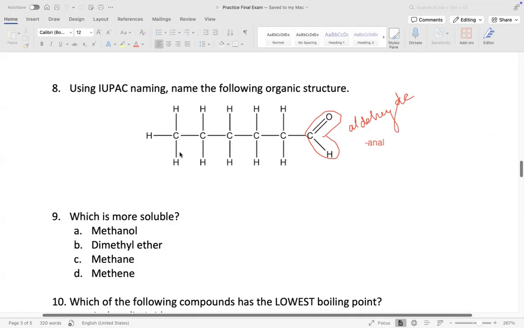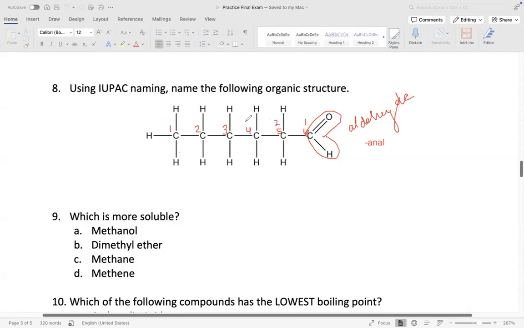Here's an example where it's not in the stick format, right? All the carbons and the hydrogens are explicitly written out. But I shouldn't let that stress me out because all I need to do is count carbons. I can count left to right: 1, 2, 3, 4, 5, 6. Or I can count the opposite way.